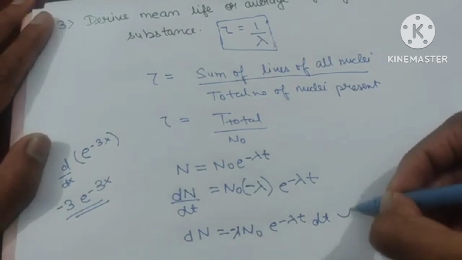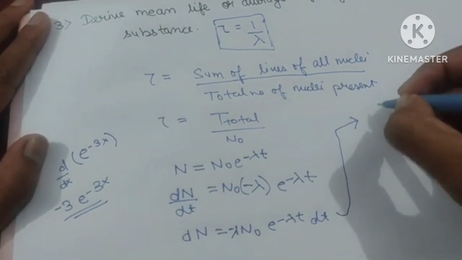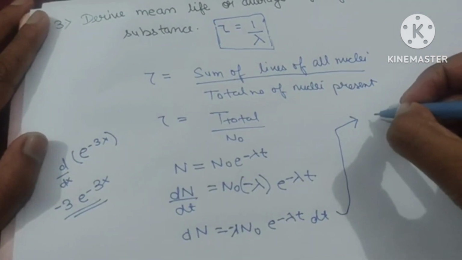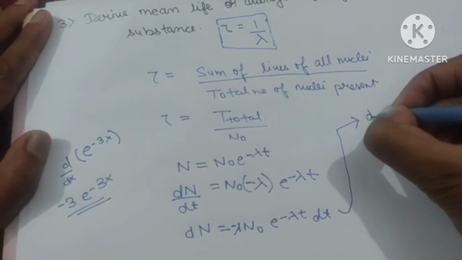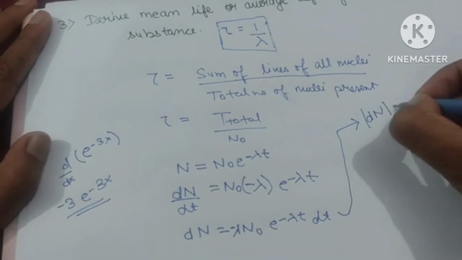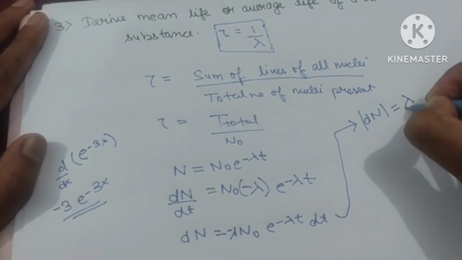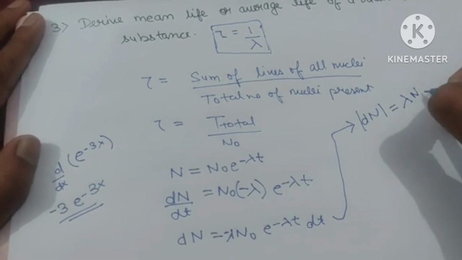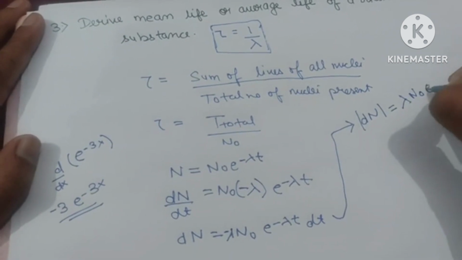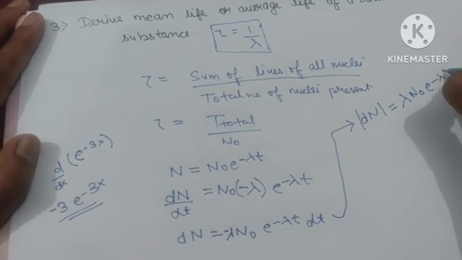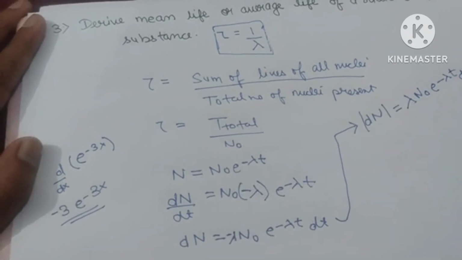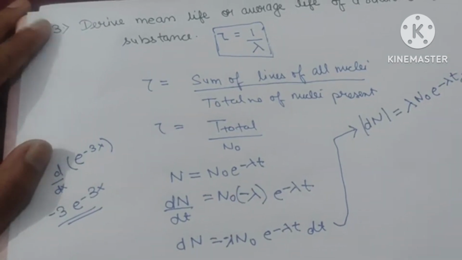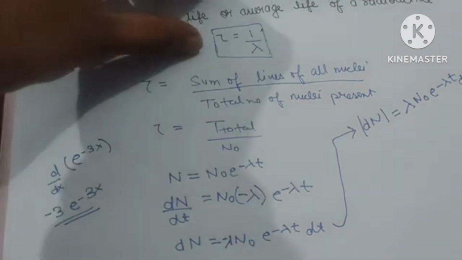Take the mod of dN. We'll have lambda N naught e to the power minus lambda t dt.